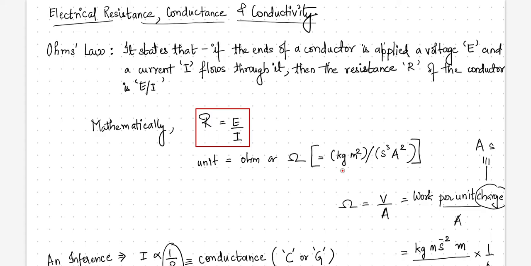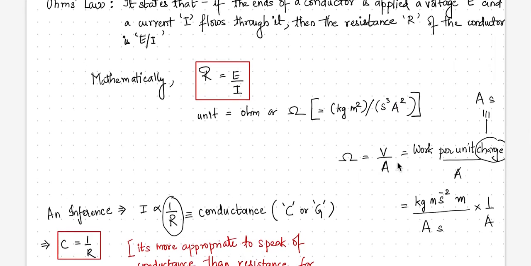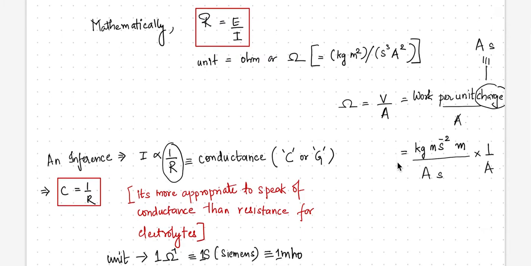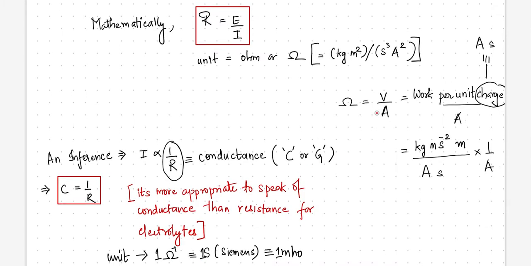Now in SI units, ohm can be written as kg meter square upon second cube ampere square. You would want to know how we come to this particular unit. It's very simple because we know resistance is voltage upon ampere.